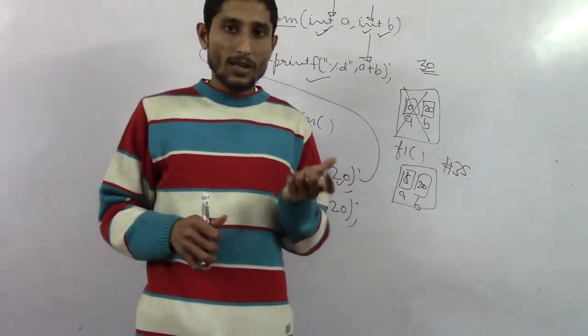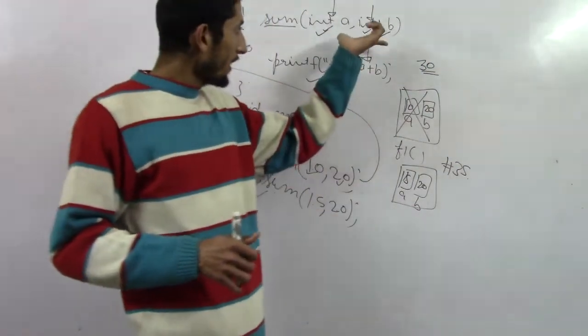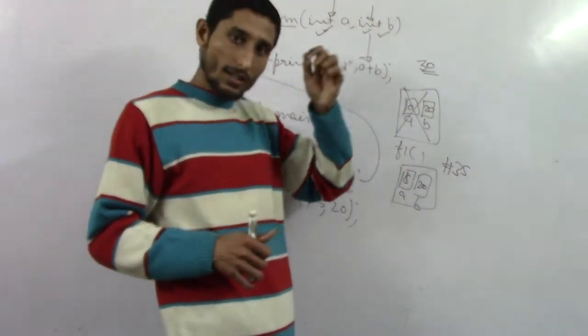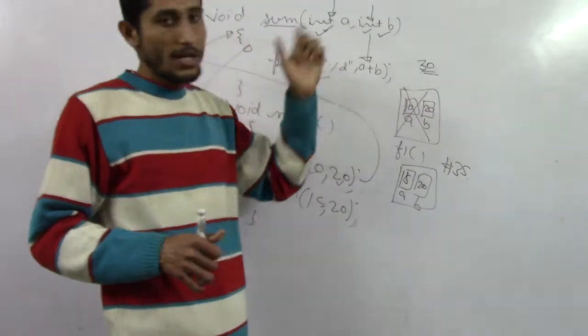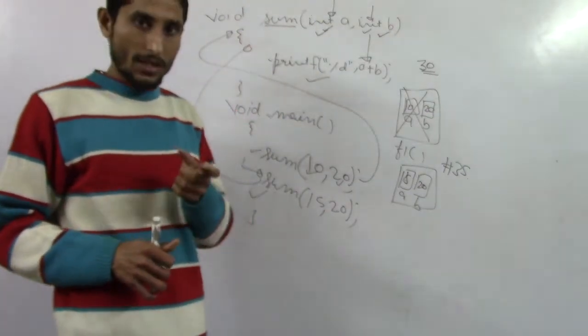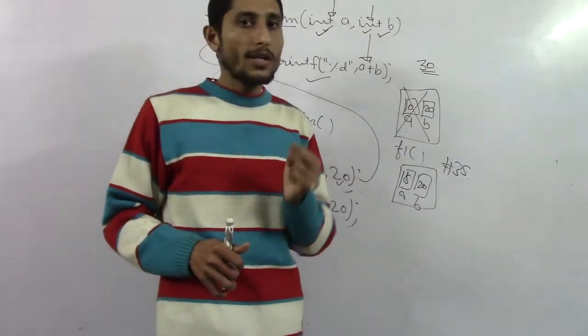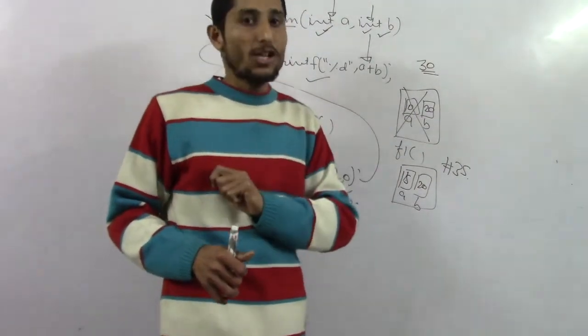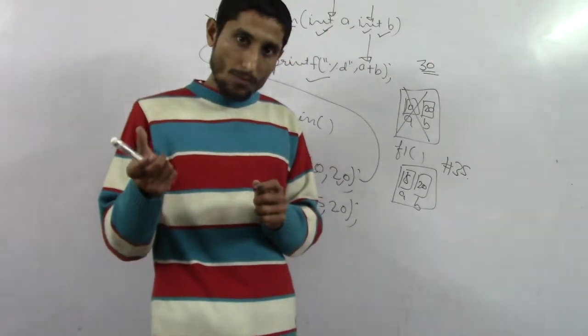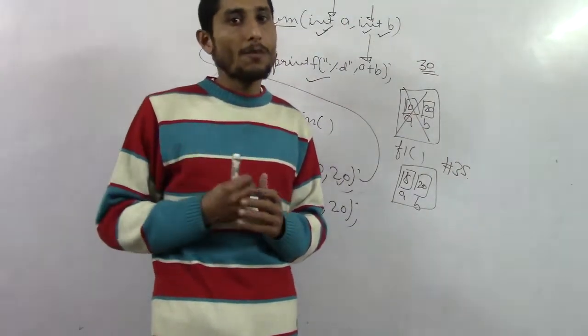That's it, there are three requirements, and you have to provide them. Same here: in order to calculate the sum, you need to pass two integers so that the compiler can perform addition. If you do not pass two numbers, how will the compiler perform addition?